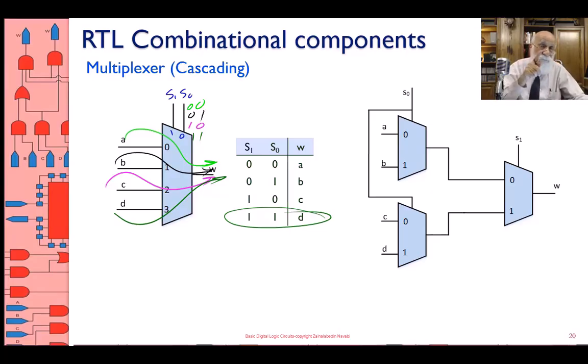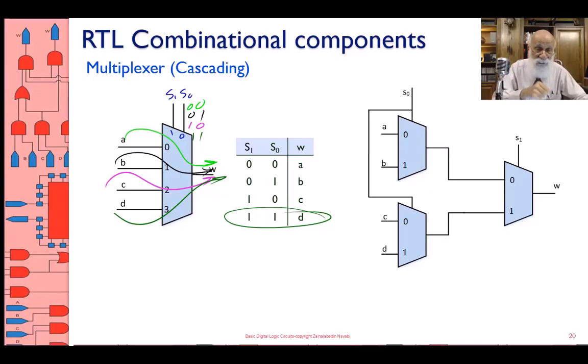I can either build the 4 to 1 multiplexer from scratch, meaning from gates, and I'm going to do that, or I can build it by cascading two 2 to 1 multiplexers.